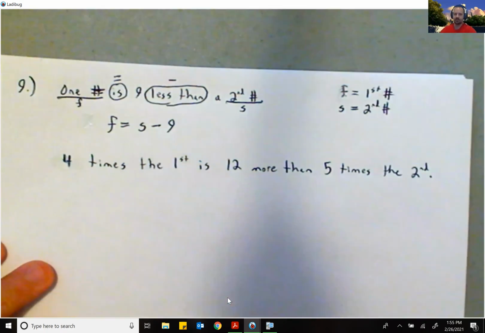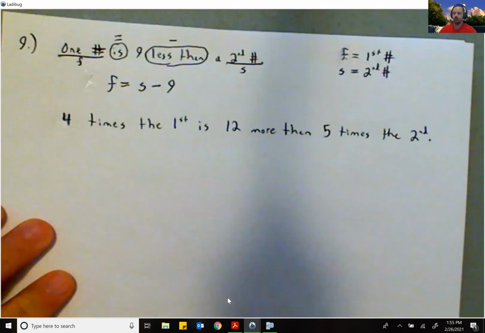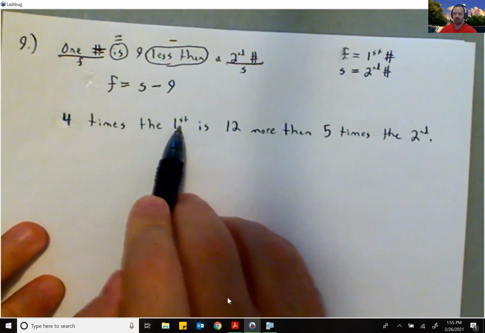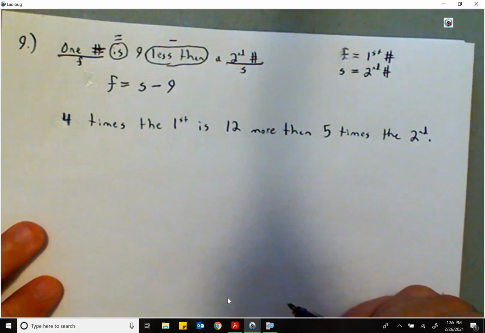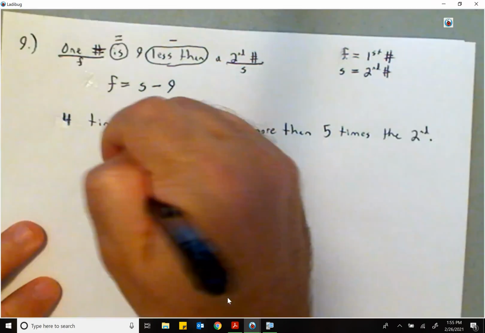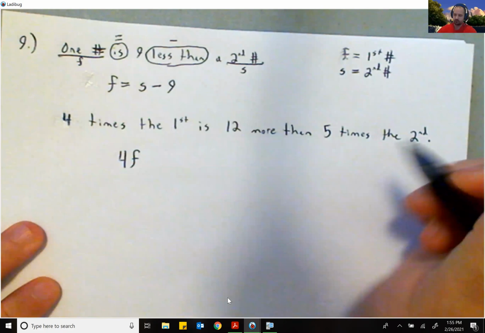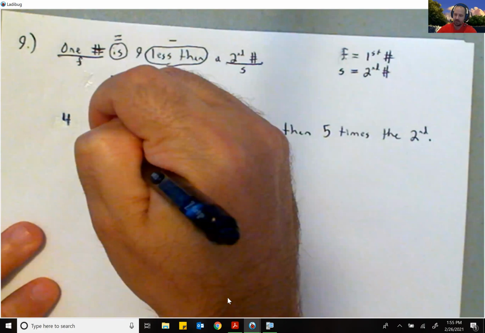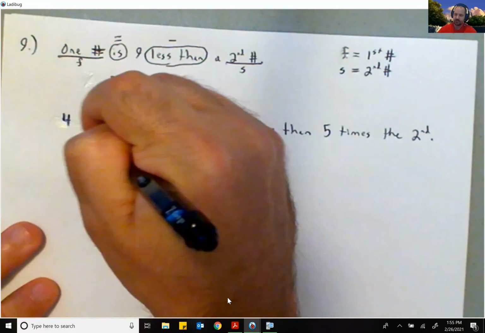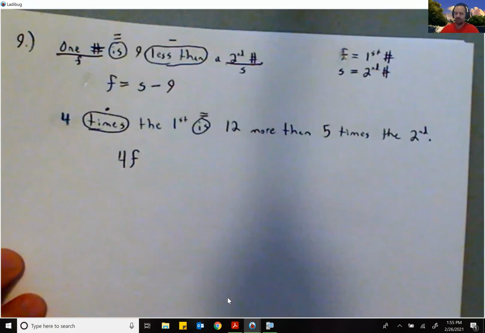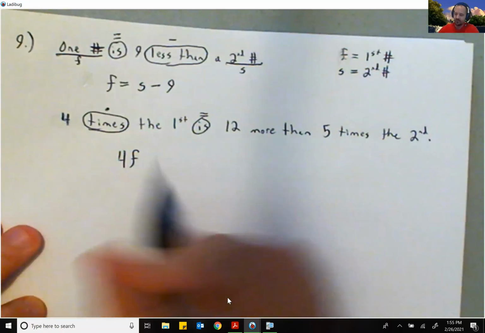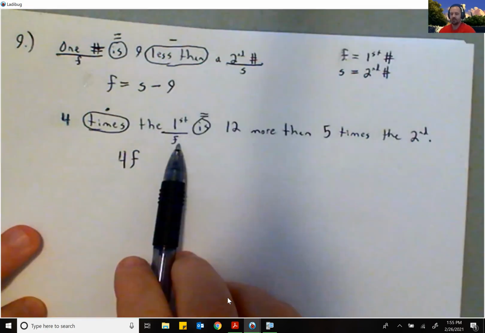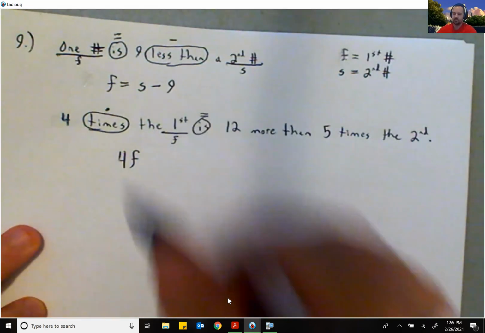All right, let's jump to the next one. It says 4 times the first is, what does that look like? 4F. What is the is part again? An equal sign. And you knew that it was times. I always like to highlight that, put my little dot. So it's definitely 4 times the first, which was our F. So 4 times F is, almost forgot my equal sign.